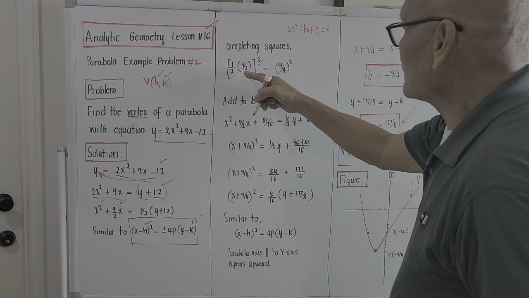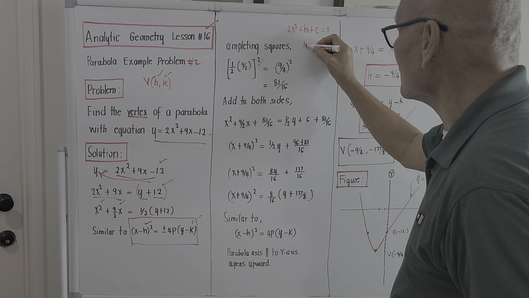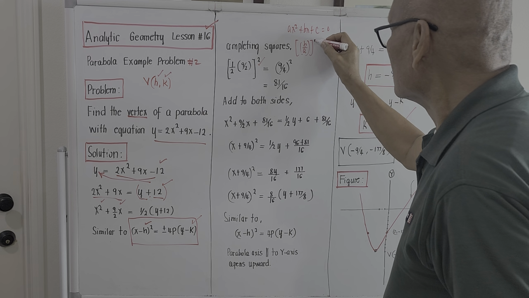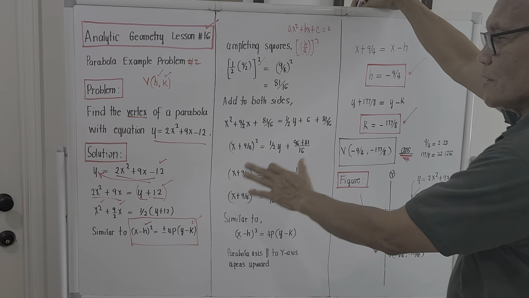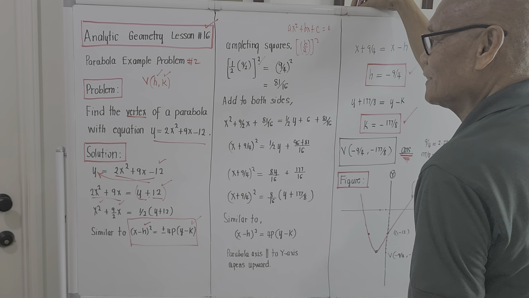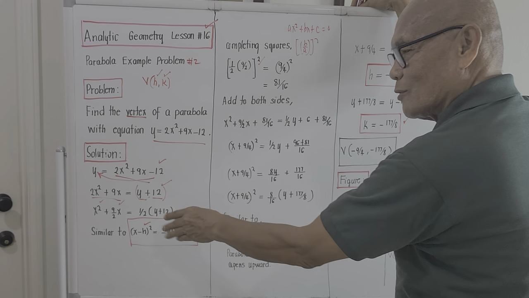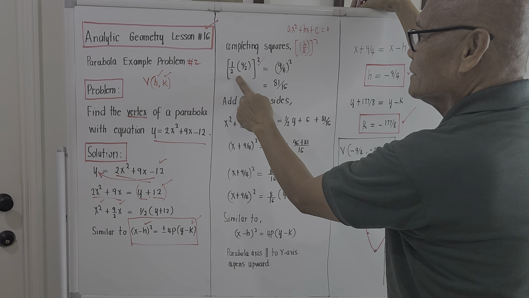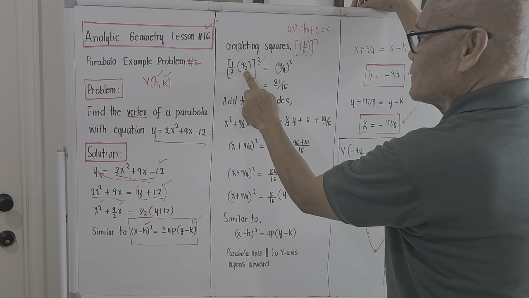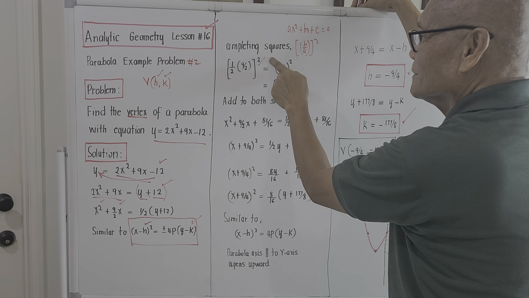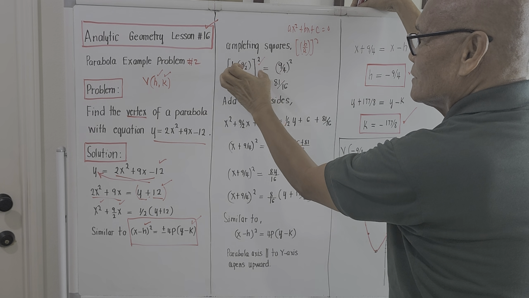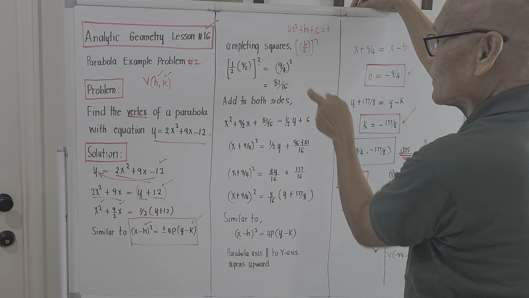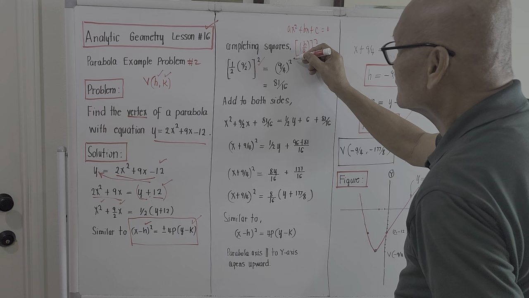This portion here is actually the ratio of b over a. Then we will square that one. So from the resulting manipulation, the coefficient of x is actually 9/2. So we will take 1/2 of that. That's the coefficient b over a. Then we will square it. So the one inside the bracket will be 9/4, all quantity square.